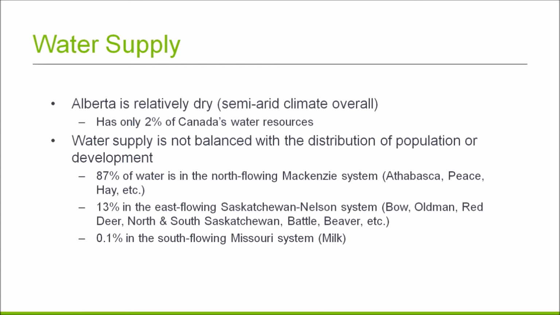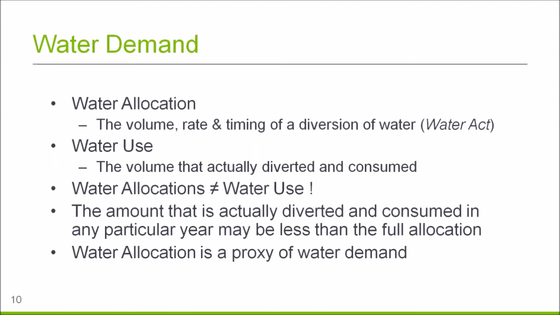And as you can see, 87% of the water is in the north flowing Mackenzie River System that drains into the Arctic Ocean. 13% of the flow is going to the east flowing Nelson system that drains into Hudson Bay, and only a fraction of the water is going to the Mississippi System and drains into the Gulf of Mexico.